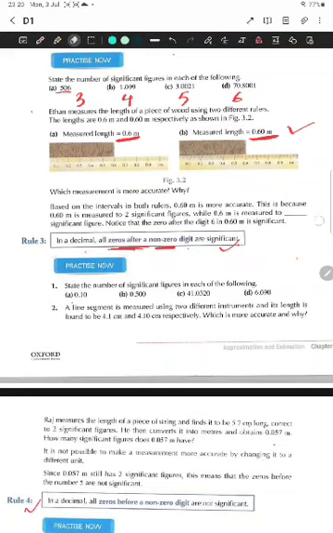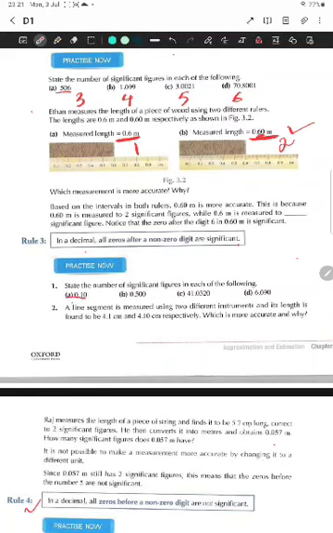Why is this 2? Because the rule states that all the zeros after a non-zero digit are significant. The non-zero digit here is 6, and after the digit 6 there is one 0. So the number of significant figures will be 2, and in this one the number of significant figures is 1.